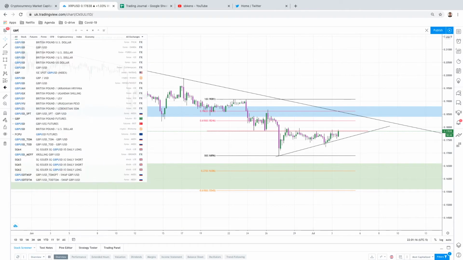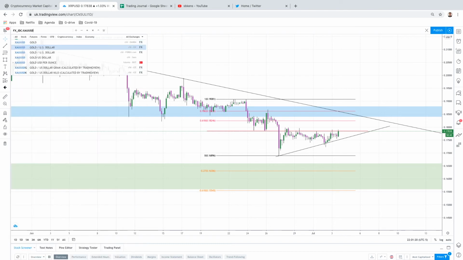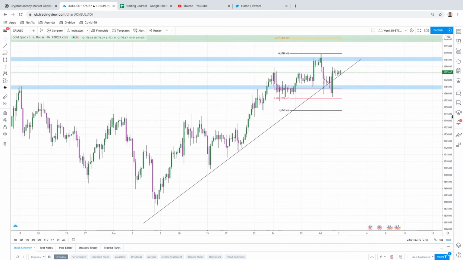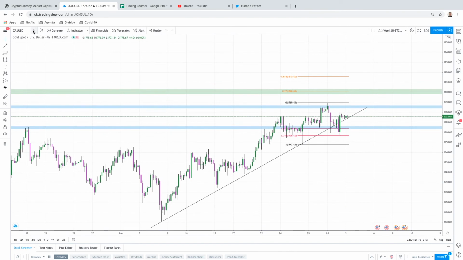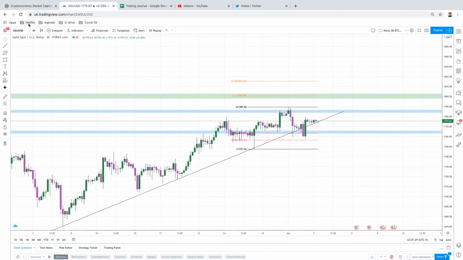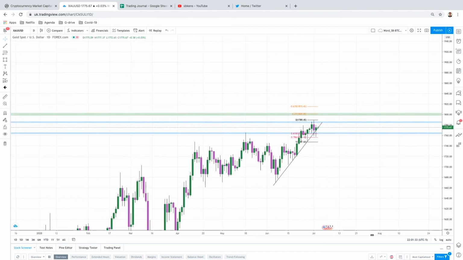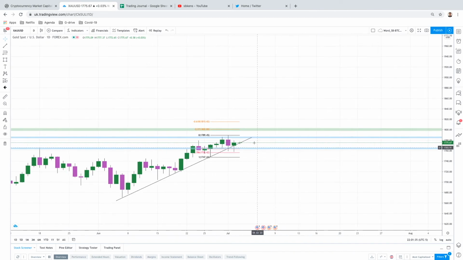Again, sorry, not pound. If we just go straight to gold, gold is looking decent. We closed with a 4-hourly candle just above our trend line. The daily as well does look just above our trend line. We are below our daily key level, but that's fine.